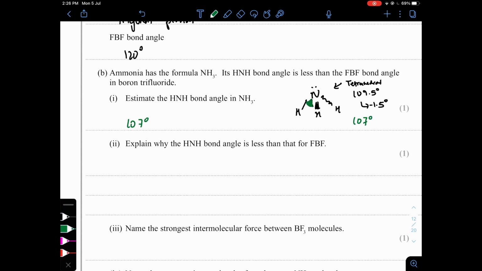So this is exactly what I was saying. So let me change the color. That's because we have 3 electron pairs in the central B atom, right? Boron atom.